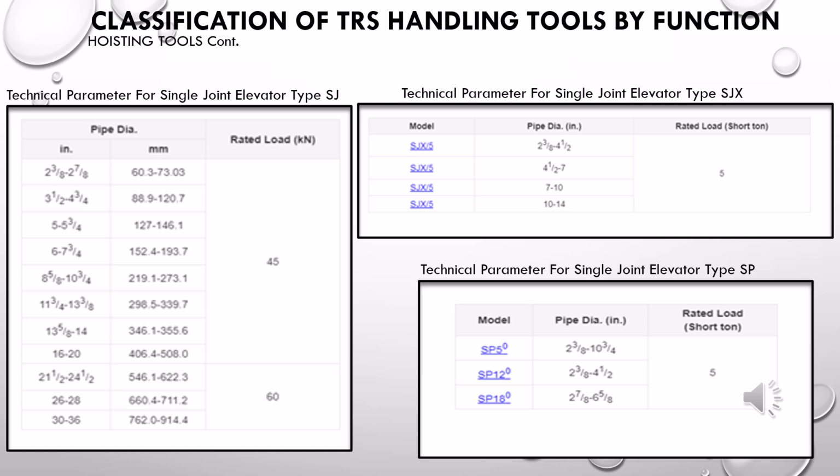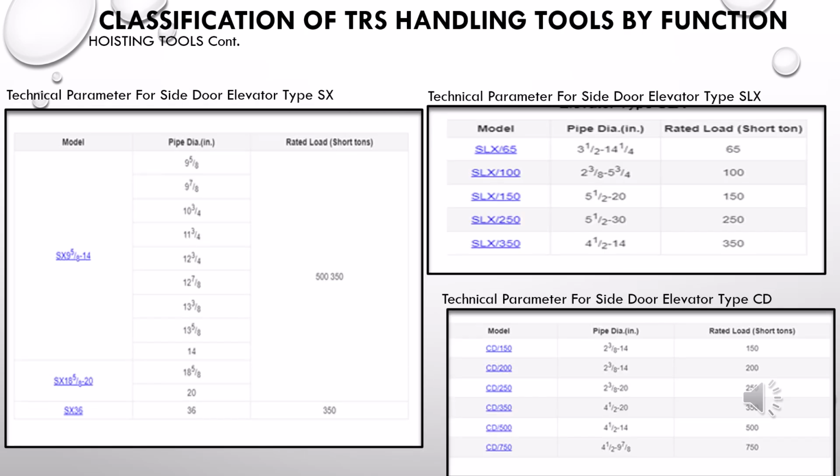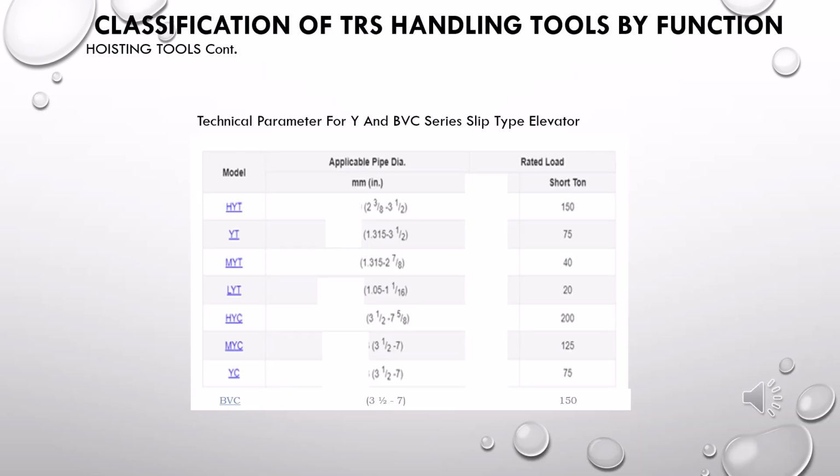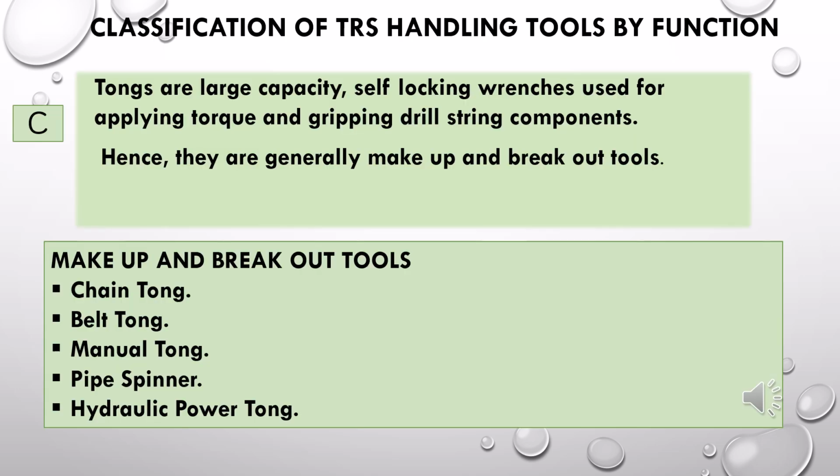And here we are, the technical parameters for these handling tools. Okay, classification C. Here we have the makeup and breakout tools.